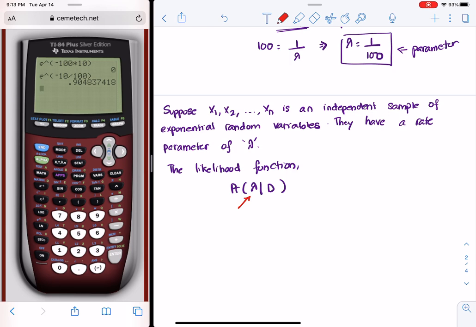So with our notation that we have used so far, theta is lambda and data is simply x1, x2, all the way up to xn.